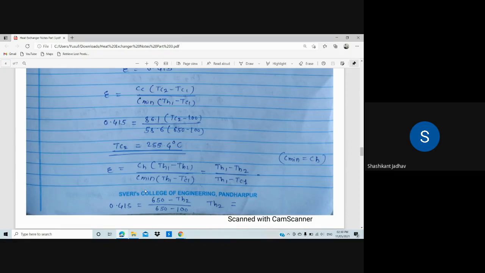Okay, so all of you do the calculation for the Th2 and put that answer in the chat box. I have taken the attendance of you, so put your roll numbers in the chat box.